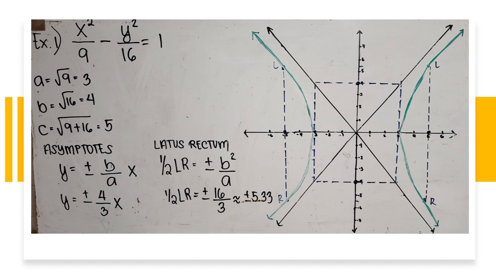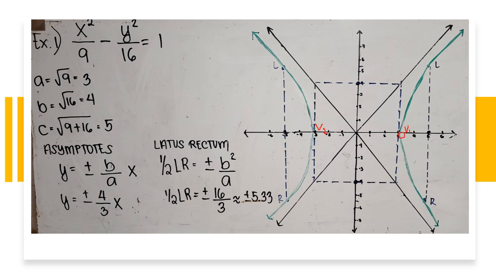Since the 9 belongs to the x-axis, we count 1, 2, 3 units, so we have the first vertex. We also count from the point of origin 0, -1, -2, -3, so we have V sub 2, the ordered pair (-3, 0).